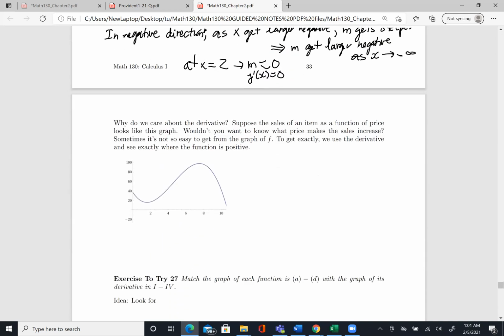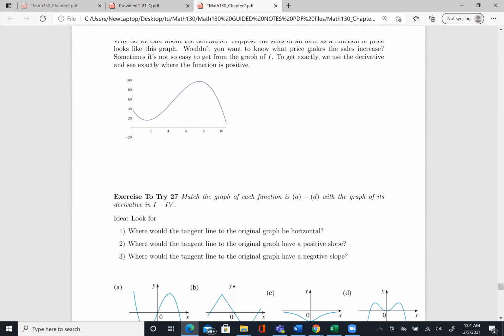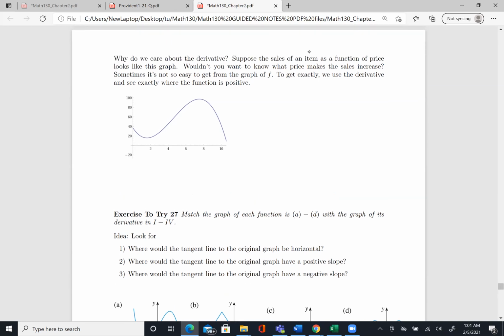Let me move down. Okay, why do we care about the derivative? Suppose the sales of an item as a function of price look like this graph.